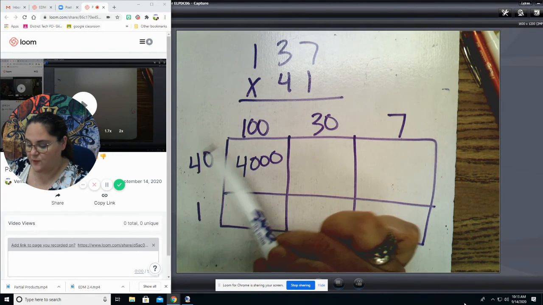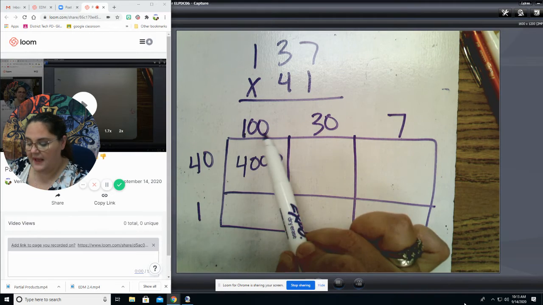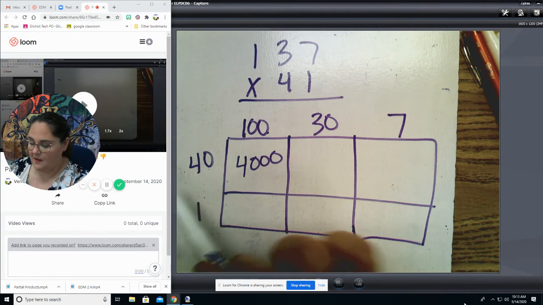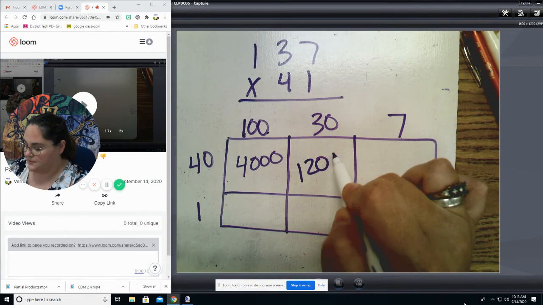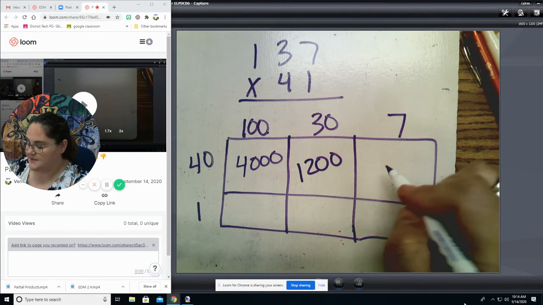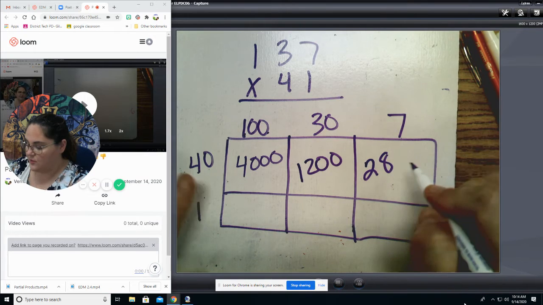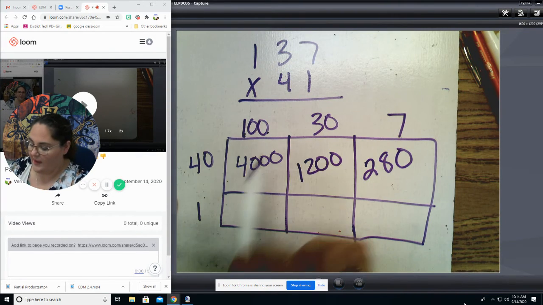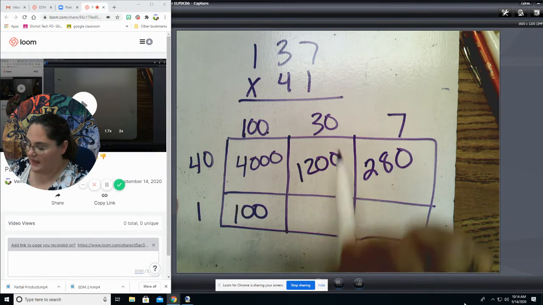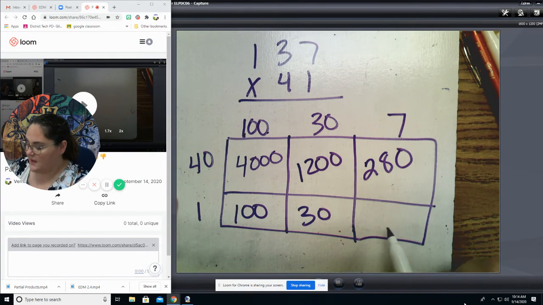I know that because 4 times 1 is 4, and then add those 3 zeros. 4 times 3 is 12 with 2 zeros. 4 times 7 is 28 with 1 zero. 1 times 100, 1 times 30, 1 times 7.